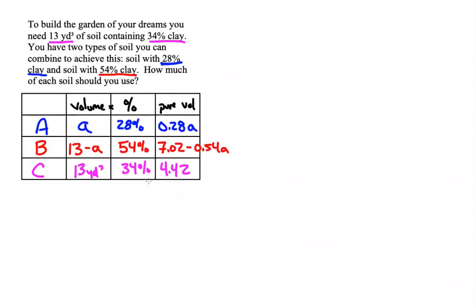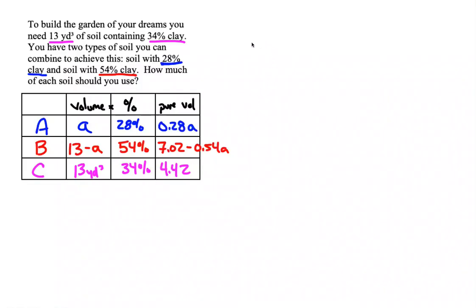Now that I have solved it, now that I have filled in this chart, the rest of it is just creating an equation. Because what I know is that however much pure clay I have here, if I add it to this one here, it's going to equal this one here.